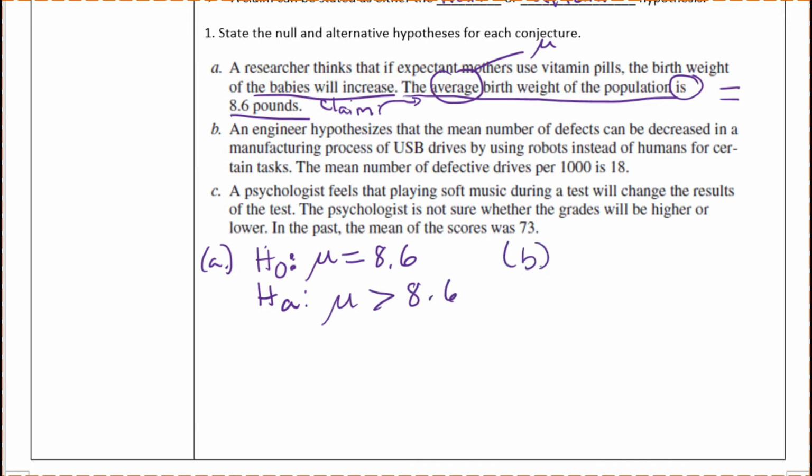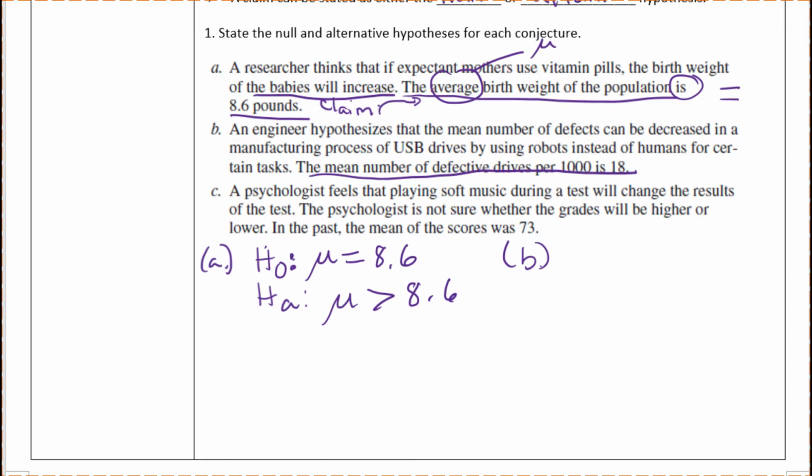All right, so for part B, let's go ahead and underline our claim. An engineer hypothesizes that the mean number of defects can be decreased in a manufacturing process of USB drives by using robots instead of humans for certain tasks. The mean number of defective drives per 1,000 is 18. So we know that's our claim, and our research hypothesis, or alternative hypothesis, is that we want to test that the mean number of defects can be decreased by using robots.